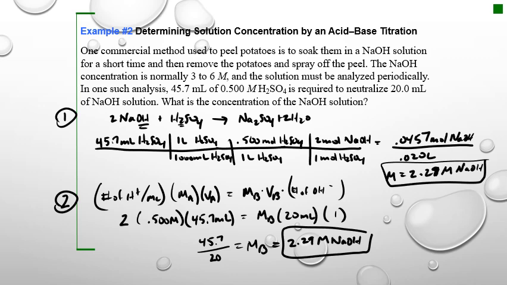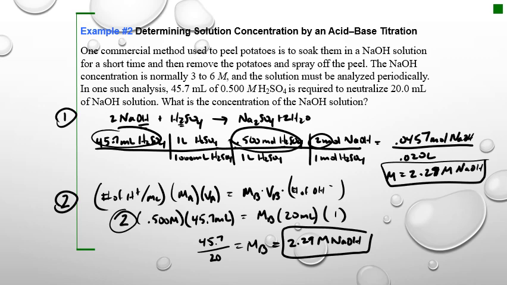But I just wanted you to understand, if you notice over here, I'm taking the molarity times the volume. Notice here I have volume and I have the molarity for the H2SO4, and then I multiply it by 2. Notice my coefficient for the sodium hydroxide is 2. So I have in the numerator 45.7 multiplied by 0.5 multiplied by 2.